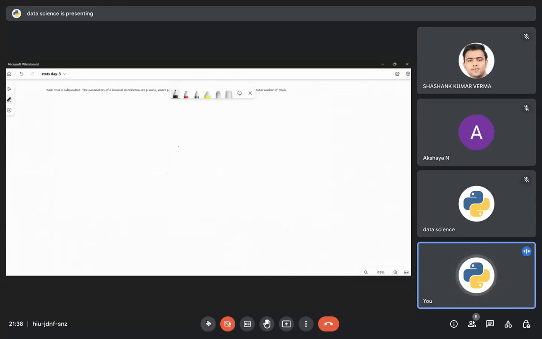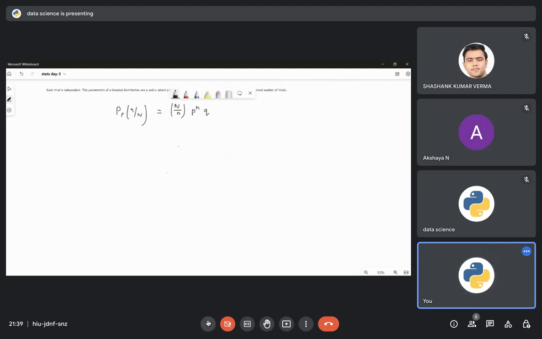So what is the formula? Let me write that: P of n out of capital N equals capital N choose small n, times P to the power n, times Q to the power capital N minus small n. I will talk about this term, don't worry.